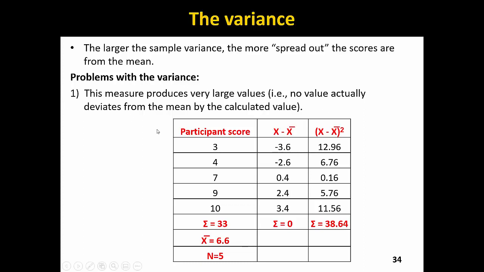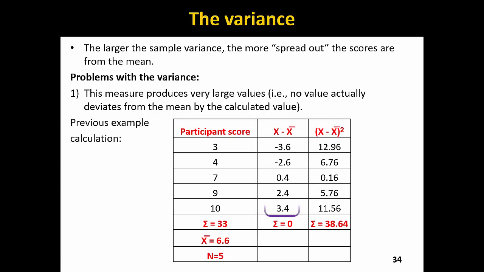So if we go to the table here and we see that we have a score of 3 for participant 1, we see that the score of 3 deviates from the average by 3.6 in the negative direction. However, the squared value is 12.96. The same goes for participant number 2. Not as big a deal for participant number 3, and we see that pattern continue.